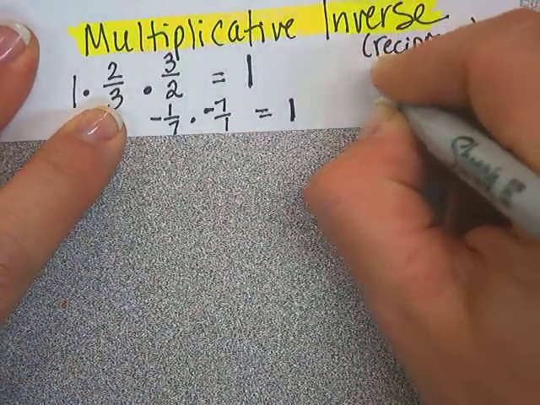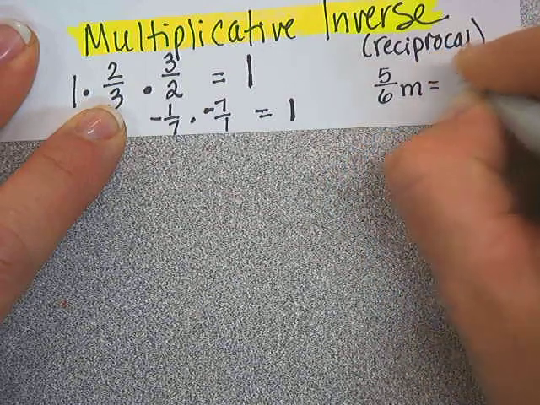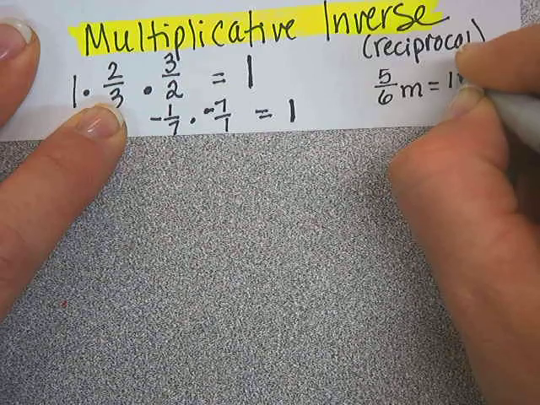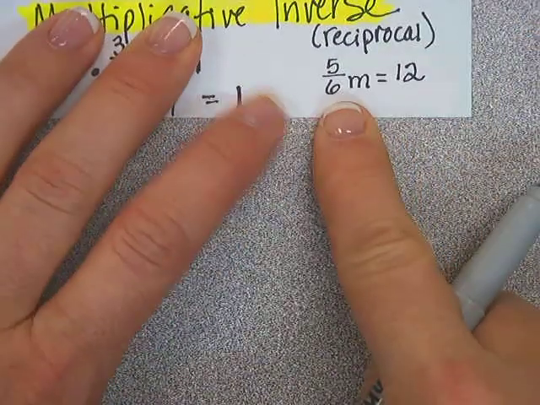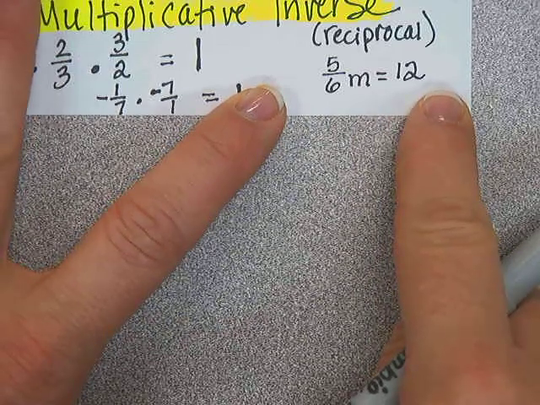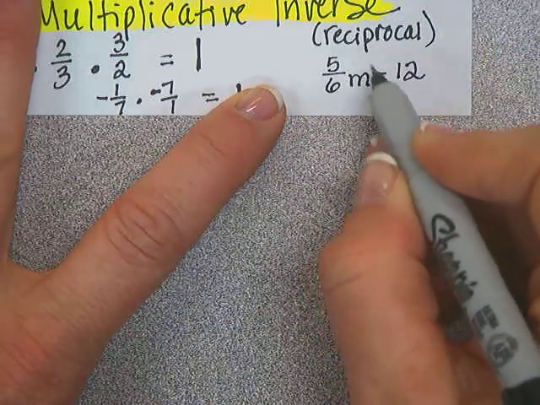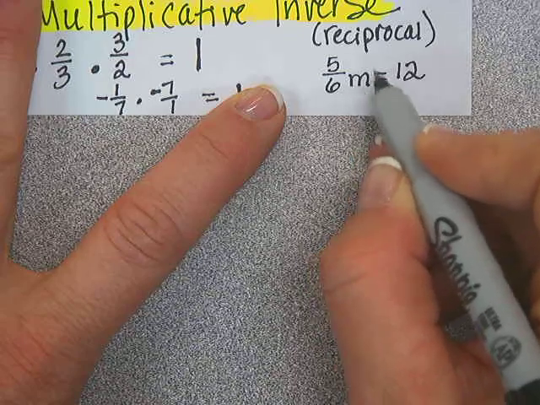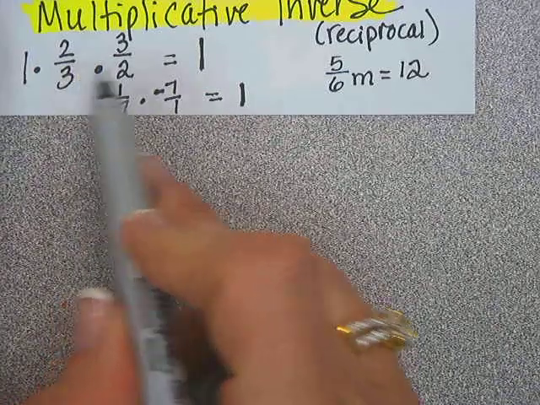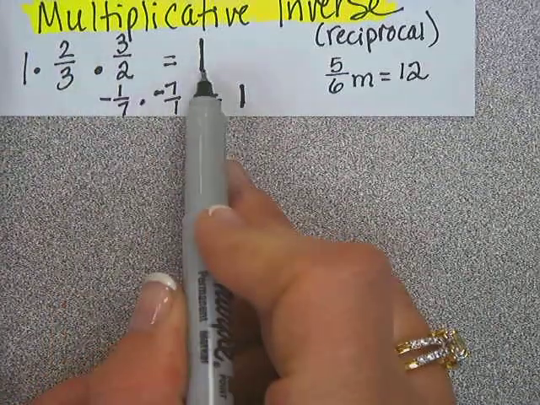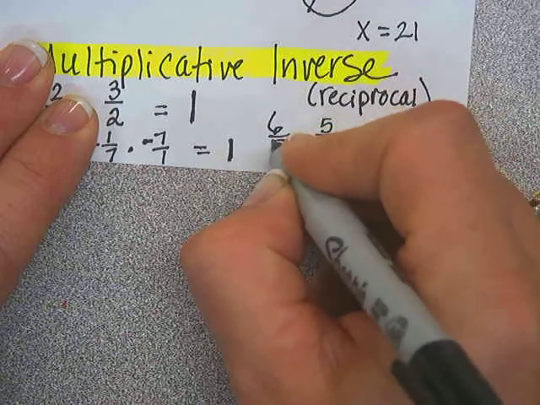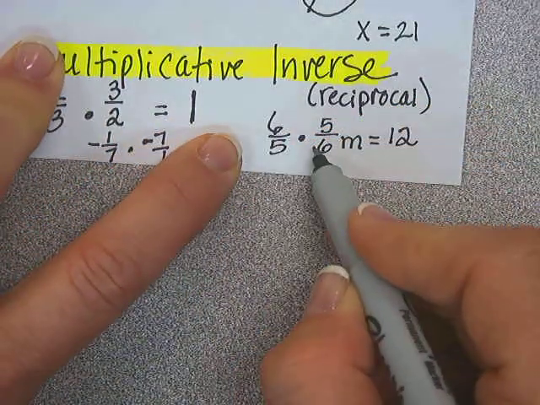Okay, so let's see how this worked in a problem. If you remember, if we had something like this, just making this up off the top of my head, so it might not work out real well, but 5/6 times m equals 12. To solve this equation, we need m to become just 1m, not 5/6 m. We want this to cancel to 1. Well, over here, we learned how to cancel a fraction to 1 by multiplying by the inverse.